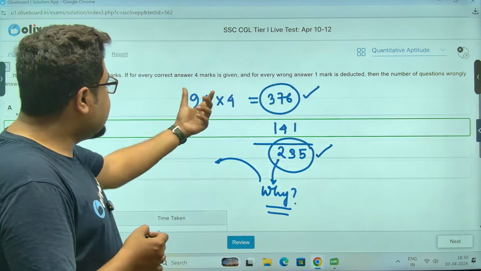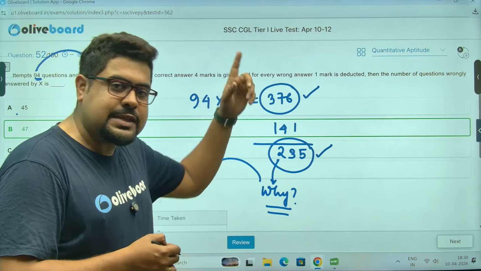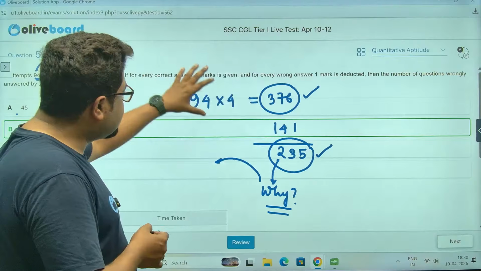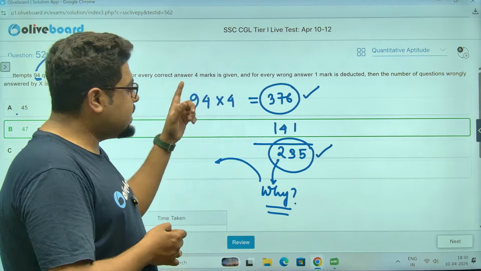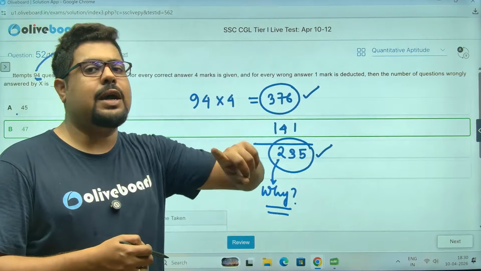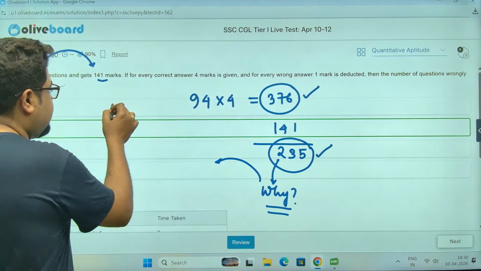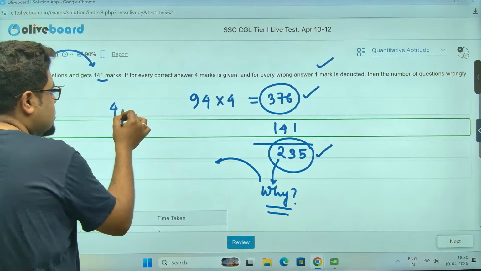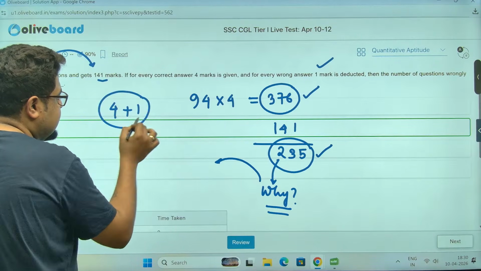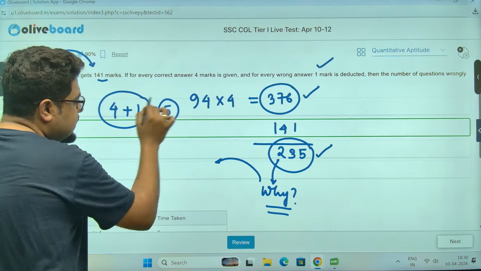Please understand. He is losing 4 marks, which I have taken as gotten because he has got that correct. But if he is giving a wrong answer, he is losing those 4 marks, also getting a 1 mark deduction. So for every wrong answer, he is actually getting 5 marks deducted.